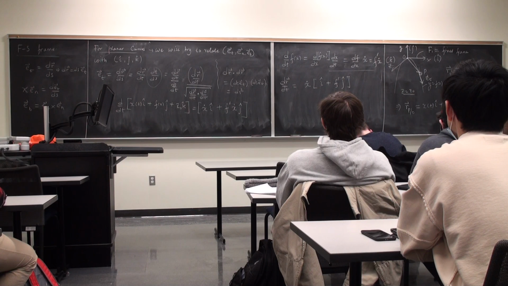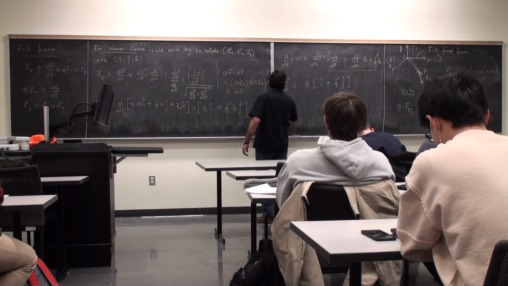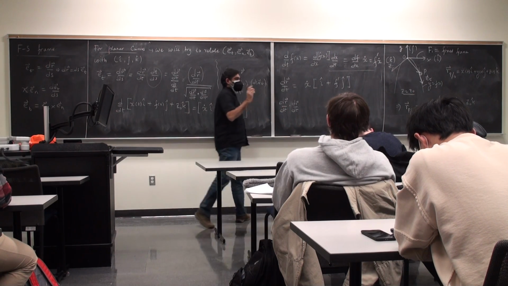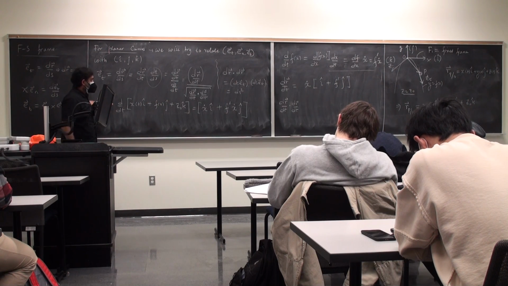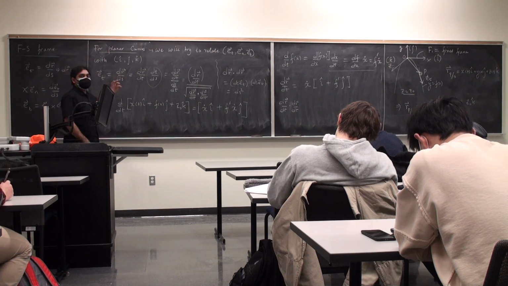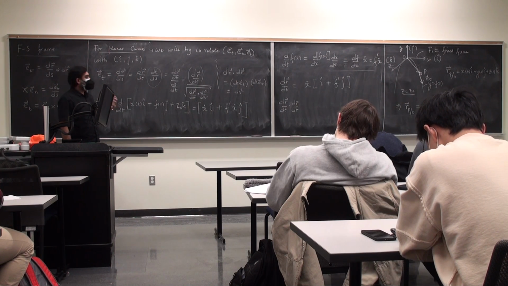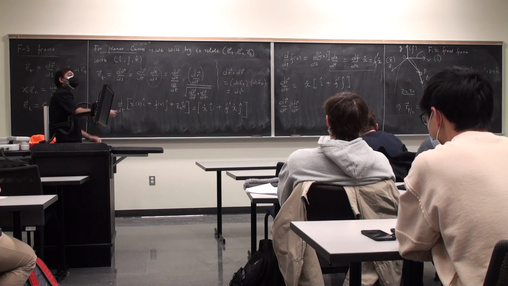Now take the dot product of dr by dt with itself. And you see why I did not use the Frenet-Serret frame to write the position vector: I don't know what the rate of rotation of this frame is to begin with. It's not very obvious to me, though it does not mean that we cannot write it that way.